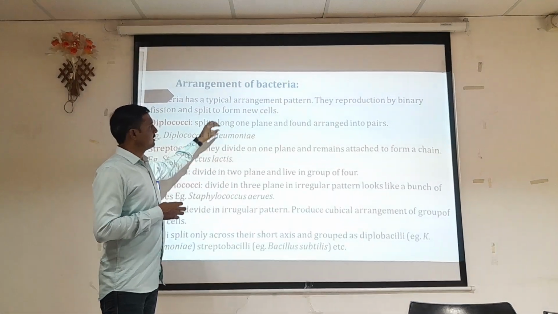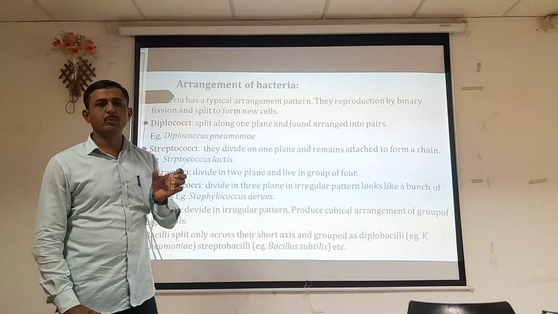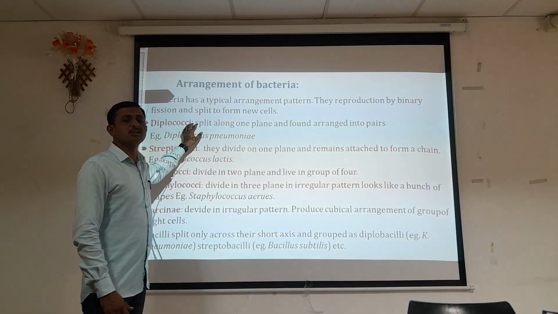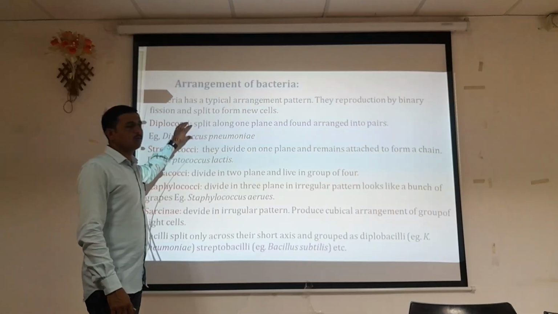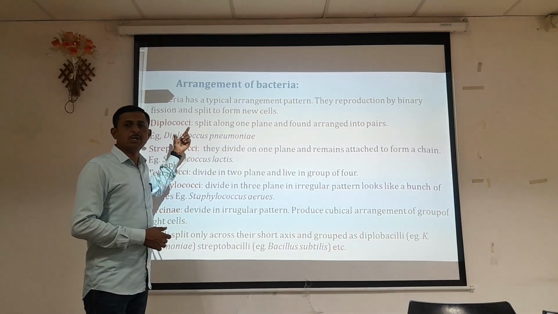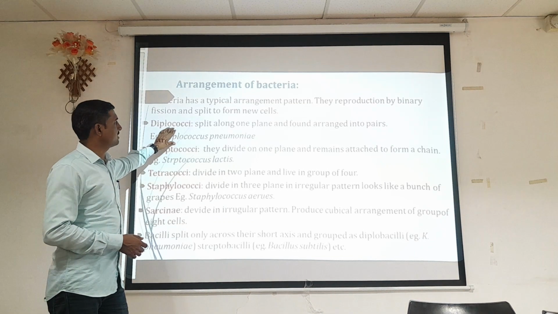That's why we observe them under the microscope as diplococci, or groups of two cocci cells. An example of this arrangement is Diplococcus pneumoniae, an organism which shows this characteristic pattern.